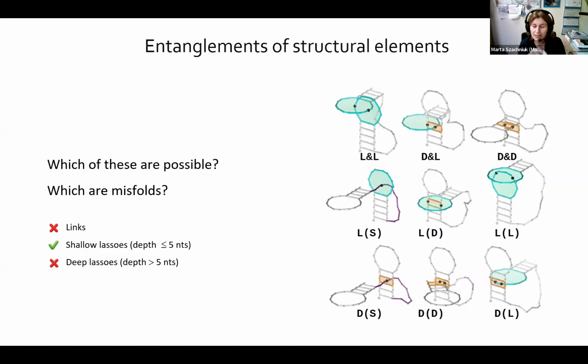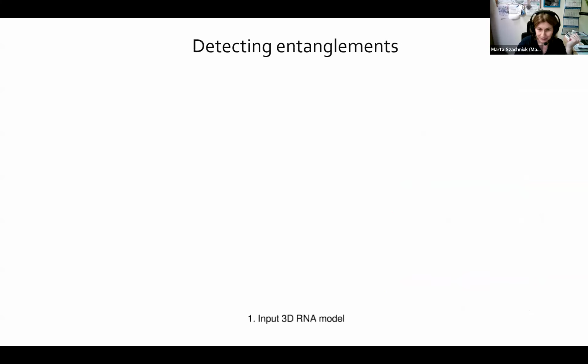And if the depth is over 5 nucleotides, then we say this is a deep lasso, and it cannot disentangle itself spontaneously. So probably the deep lassos are also misfolds, the same as links.